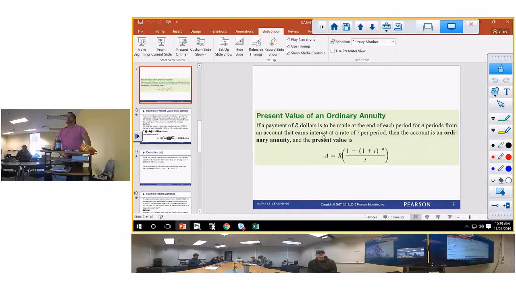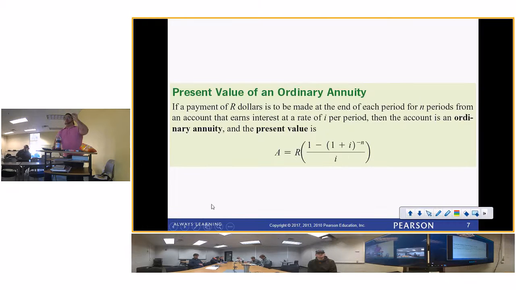Okay, present value of an ordinary annuity. If a payment of R dollars is to be made at the end of each period for n periods, then the account is an ordinary annuity. In other words, I want $50,000 in an annuity.